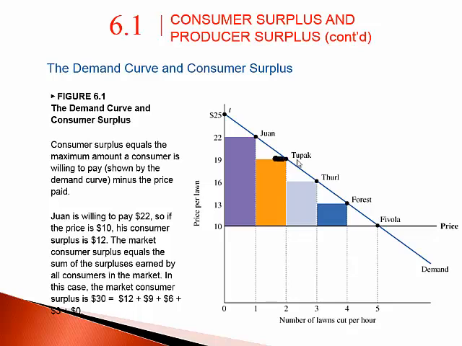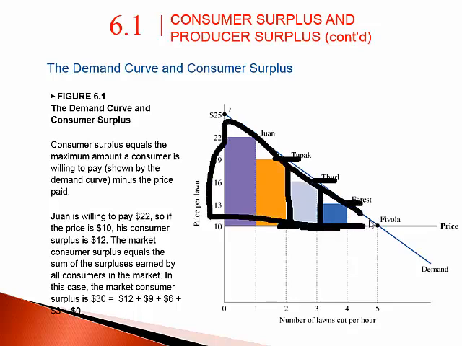Tupac here, the difference between 10 and 19, and Thurl, the difference between 16 and 10, and Forrest. All of this is consumer surplus because each individual person's willing to pay differently than the next person.